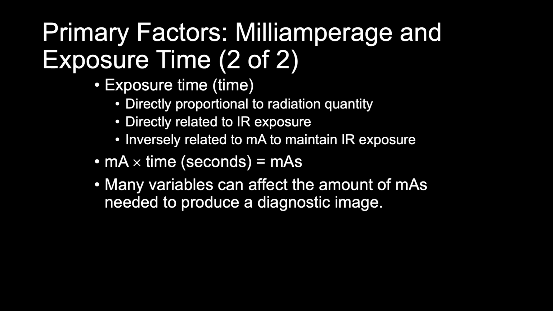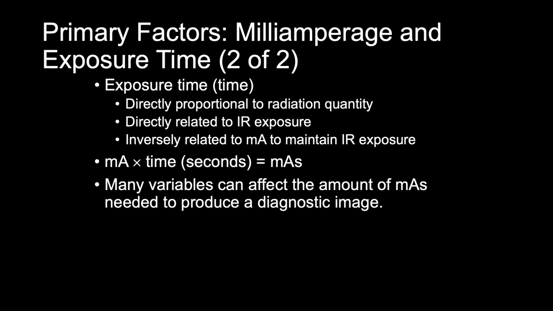Primary factors: milliamperage and exposure time. Your exposure time is the seconds. It is directly proportional to radiation quantity, directly related to the IR exposure, and inversely related to mA to maintain the IR exposure. We have the formula mA times time, which is your seconds, equals mAs.